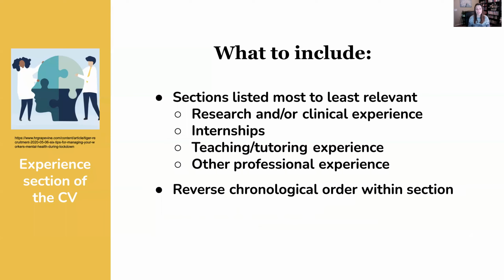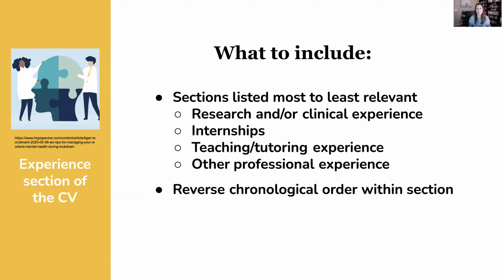The next sections are going to be the experience sections of the CV. And there are a number of different sections that you can elect to include, but you'll want to prioritize the most relevant to the least relevant section. So for instance, we have research and/or clinical experience.